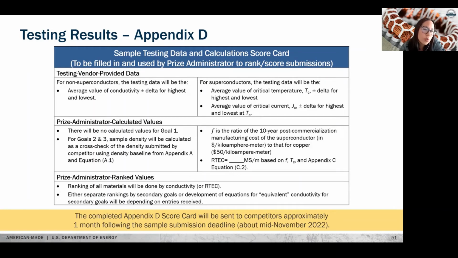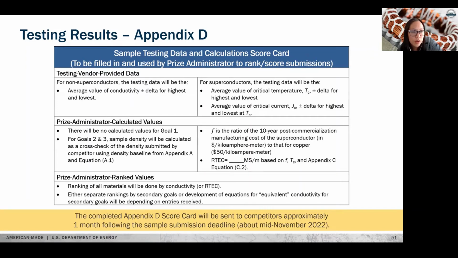Okay, and then lastly, the prize administrator will have ranked values. So judges will have access to these cards from all competitors, and the materials will be ranked based on the conductivity or the RTEC equation. Either separate rankings by secondary goals or development of equations for the equivalent conductivity for the secondary goals will be dependent on the entries that we receive.